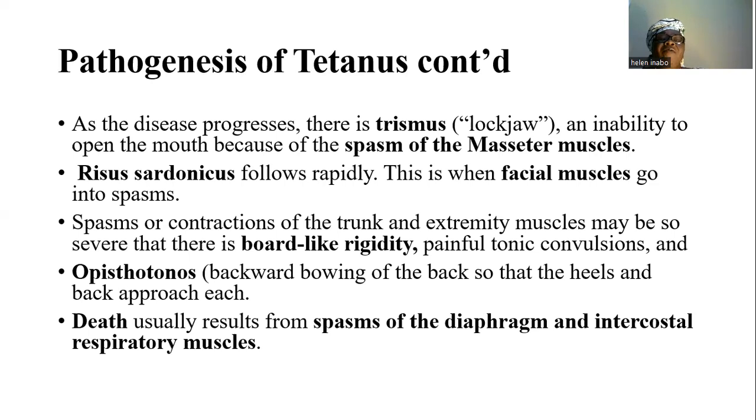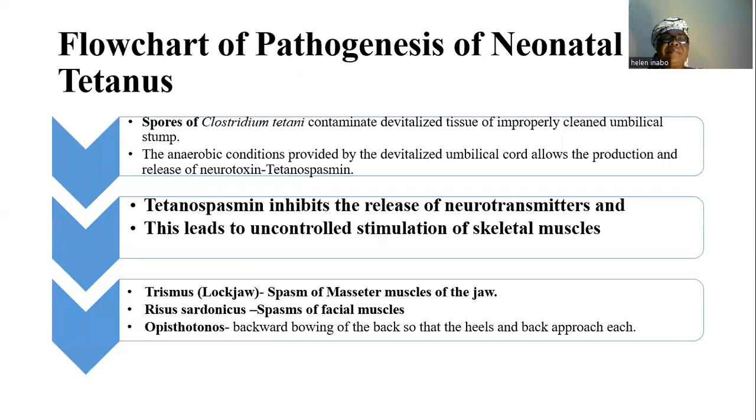There are also painful tonic convulsions and opisthotonus, which is the backward bowing of the back so that the heels and the back approach each other. Spasms of the diaphragm and intercostal respiratory muscles lead to death.